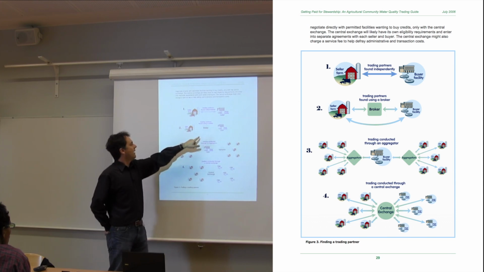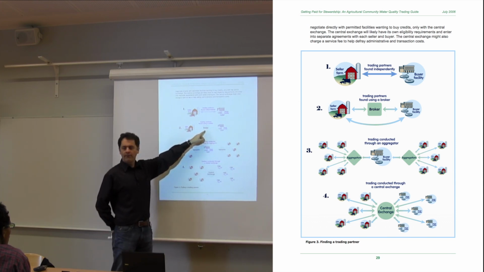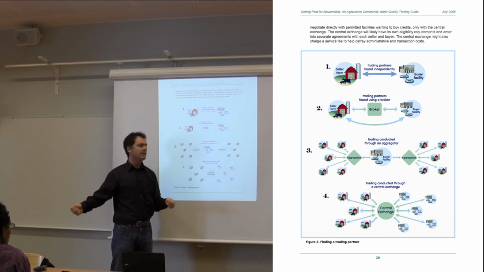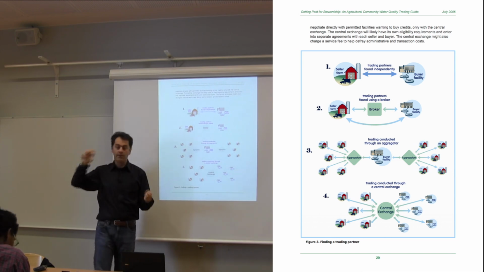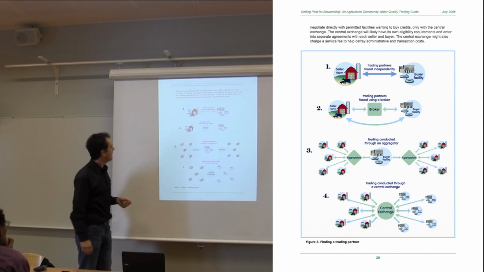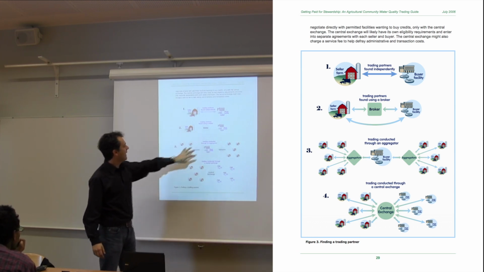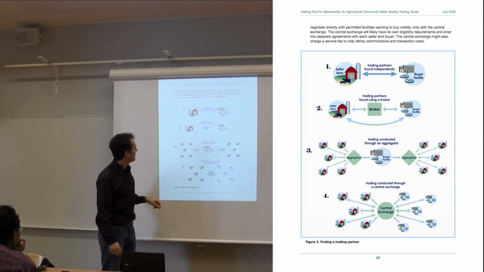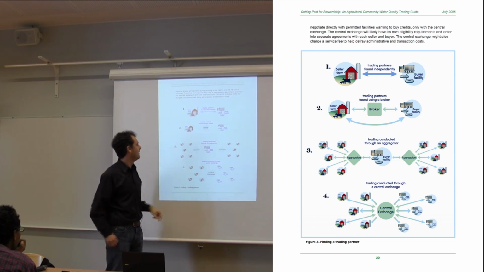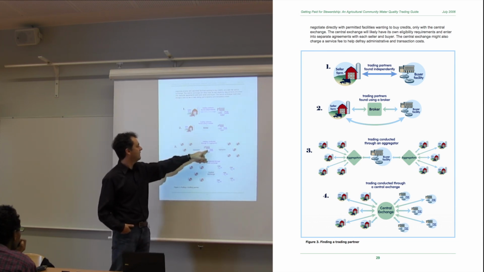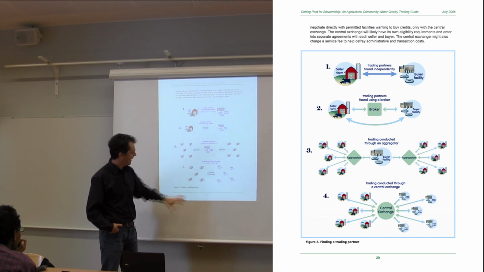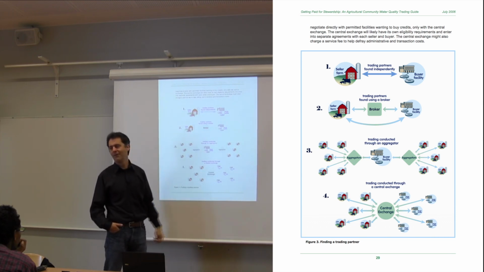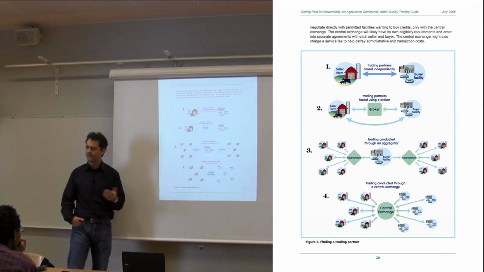But you can also have contracts with some intermediaries, some brokers that connect the farmers and the buyer facilities, sellers and buyers. And then you can also have some aggregation of those brokers. So several farmers can deal with some brokers with the facility and so on. And then you can end up with a full market in which those credits are traded.